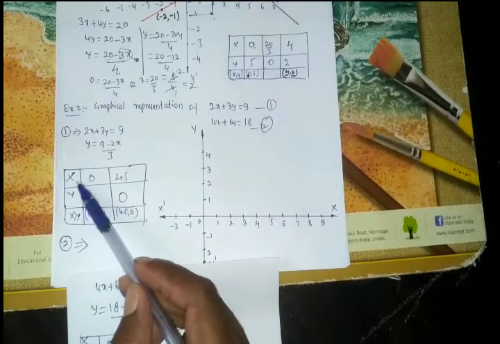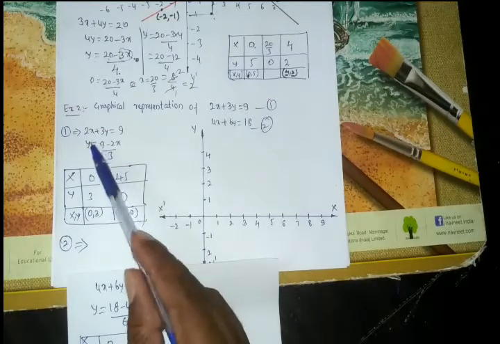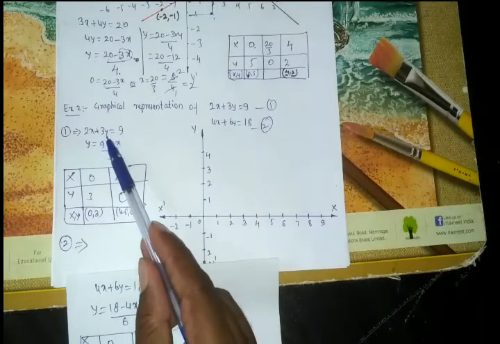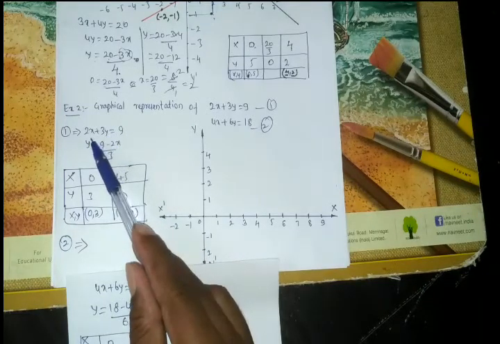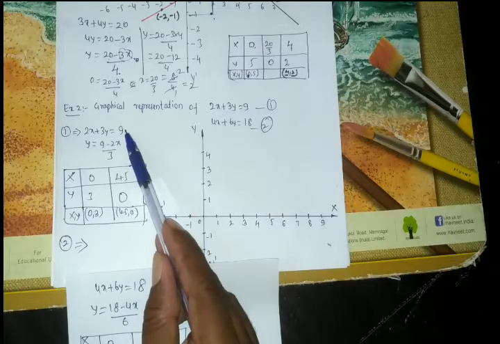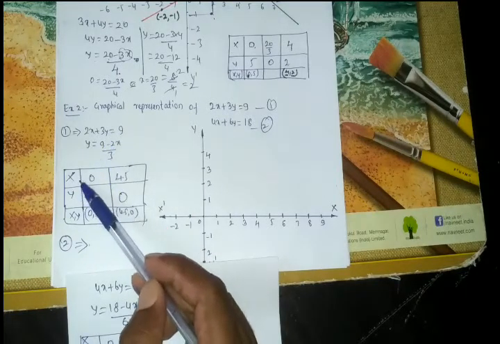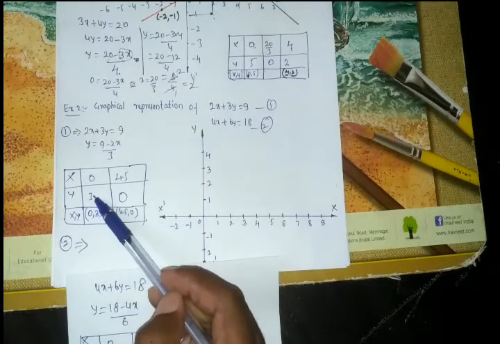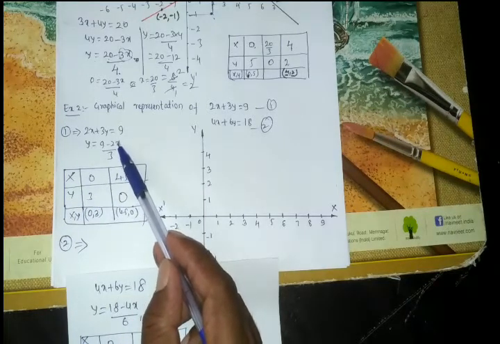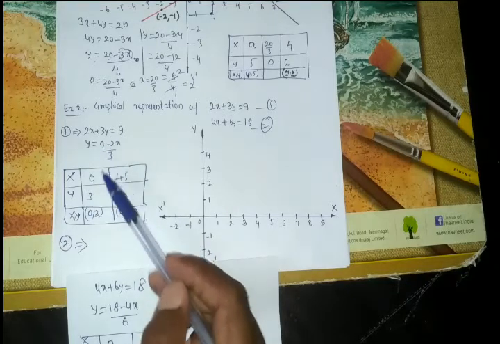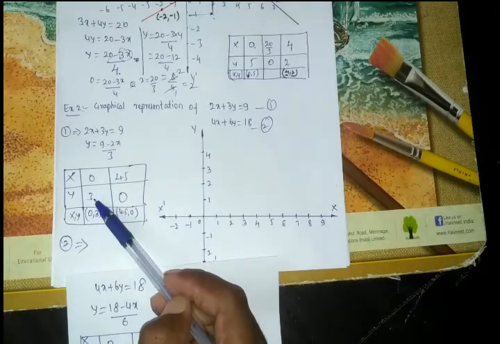For 2x plus 3y equals 9, y equals (9 minus 2x) divided by 3. When x equals 0, y is 9 by 3, so y is 3.